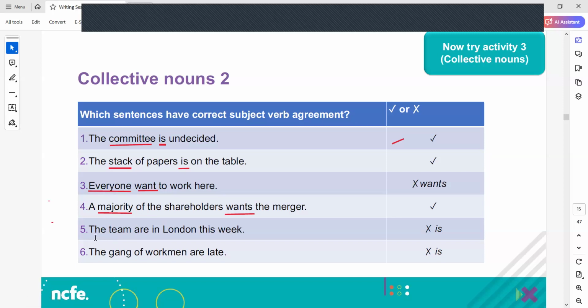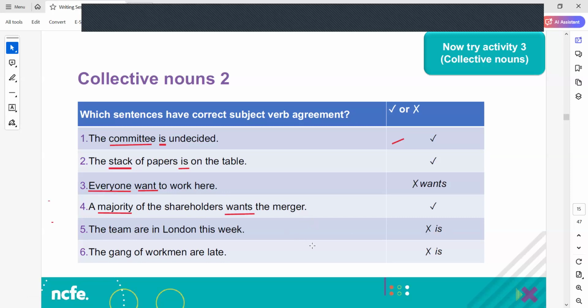Okay, let's look at number 5. The team are in London this week, so you can see that's it. That should be is. So the team is in London. The team is being spoken about as one group. Okay. And the gang of workmen are late. So why is that incorrect?